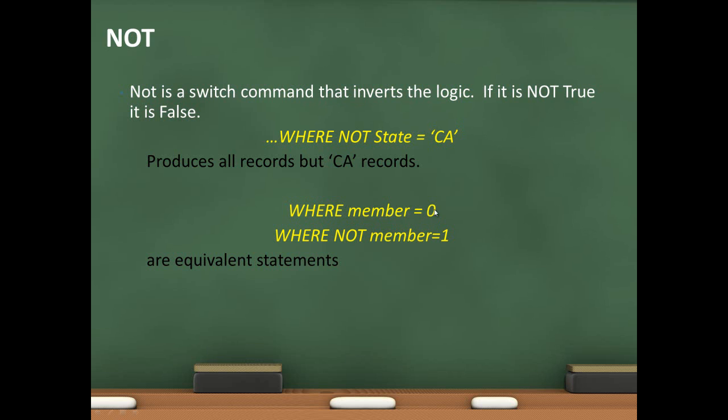It actually could be a numeric field as well. But probably in this case, this would be where member is false here. Or this is saying where, and both of these will say exactly the same thing, by the way, folks. This says where member is equal to false, and this says where member is not equal to true. So two different ways to write exactly the same statement.